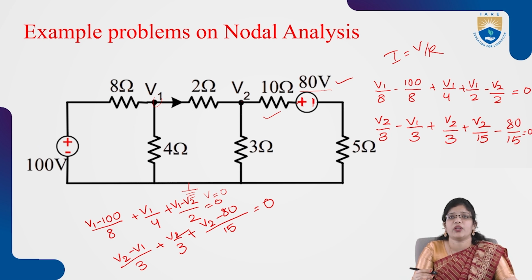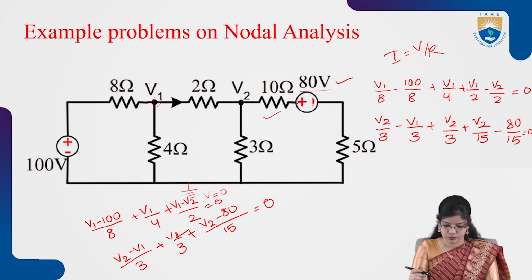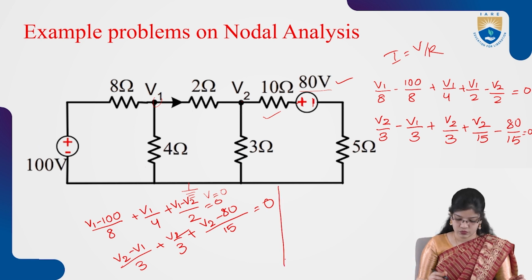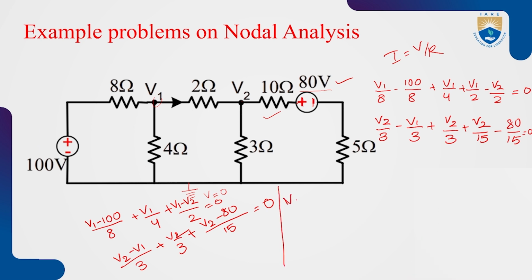So now we have to take out the terms of V1 and V2. So if we write for V1, it is 1 by 8 plus 1 by 4 plus 1 by 2, minus V2 into 1 by 2, minus 100 by 8 equals 0.